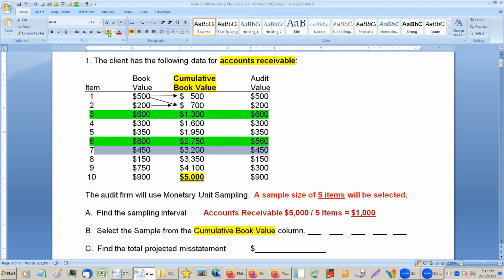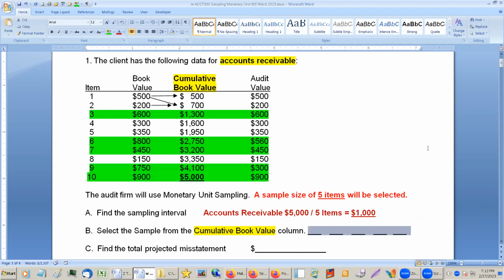Okay. 4,000? 9. And then 5,000 would be 10. Okay, so these are the items we're going to have.